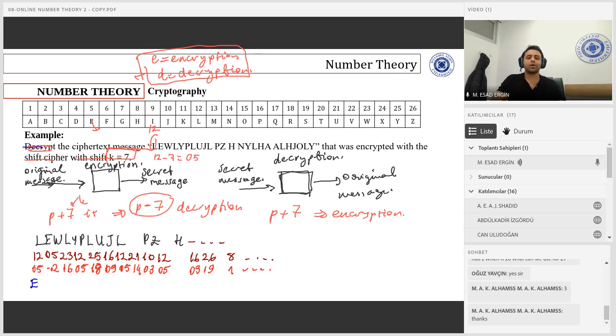So minus 2, how are we going to find minus 2? What is it in modulo 26? It means that we are going to add 26 to it. It will be 24, right? So I can say that it is 24. What is 24?